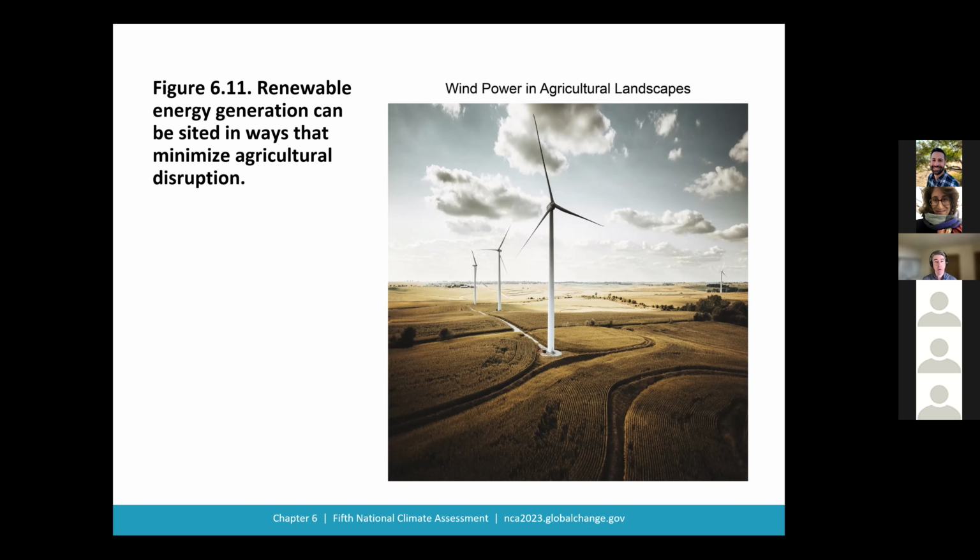In the end, even when it's fully built out and supporting a fully renewable electrified economy, solar is expected to be a relatively small land use compared to others, which is why it wasn't included on the previous figure 6.9 that we were looking at. So it might occupy on the order of 1 or 2 or 3% of cropland, but probably nothing beyond that.